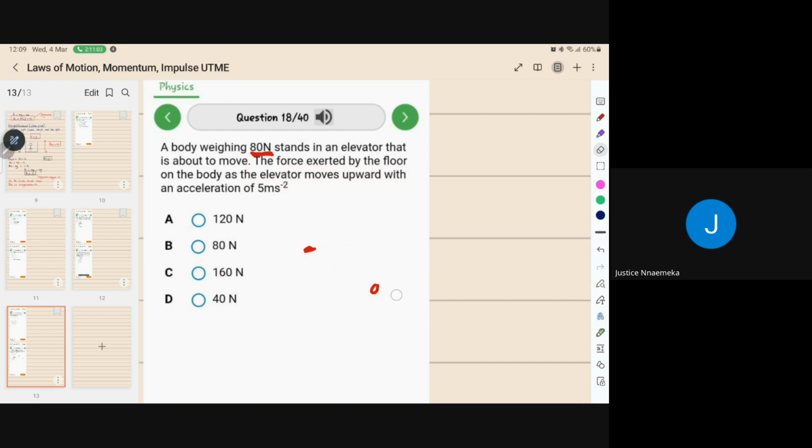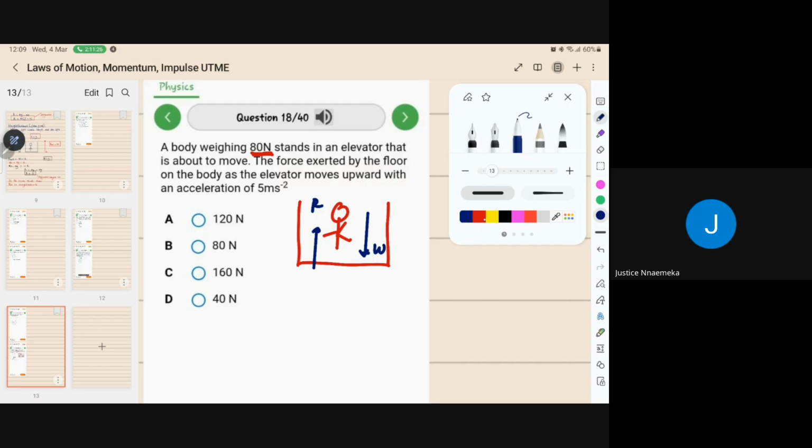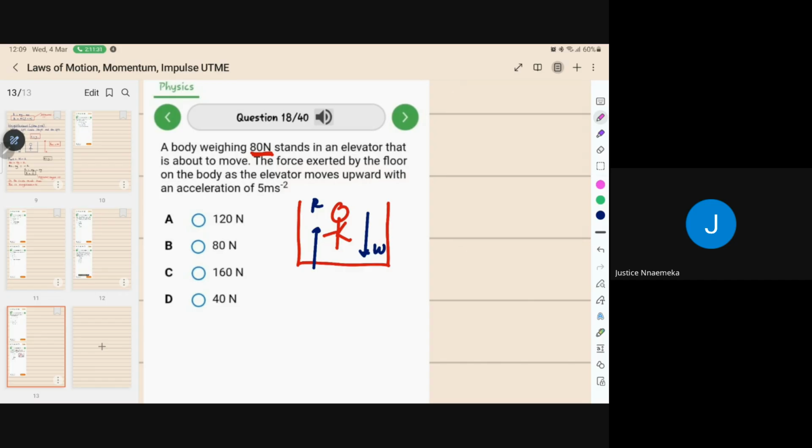And besides, they say it's moving upward. When it is moving upward, I can draw my diagram this way. Let's say this is you. Your weight is acting downwards. The floor is acting on you upward. This is your R, this is your W. But remember something: what's the direction of movement of the elevator?